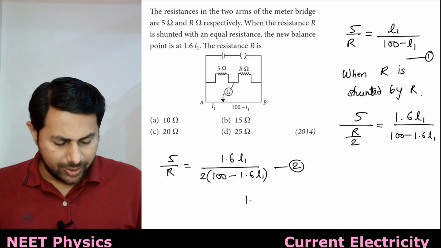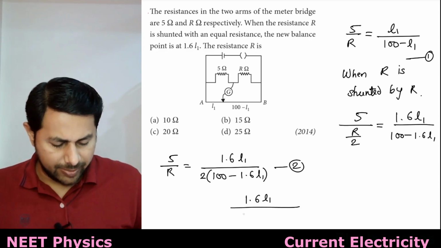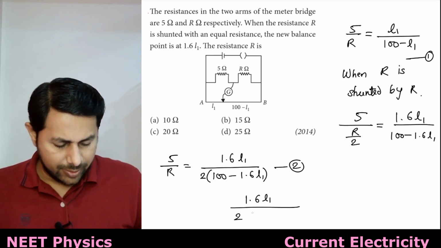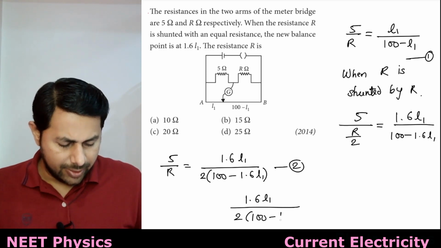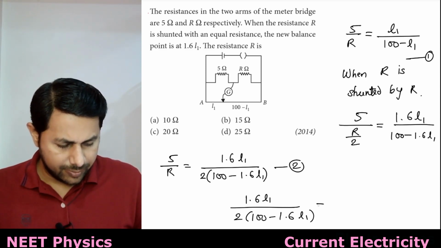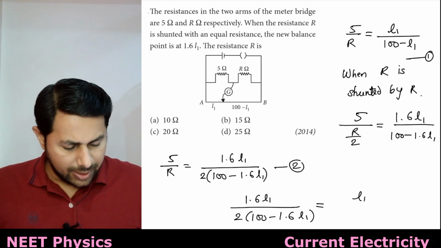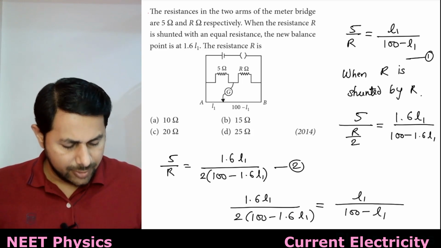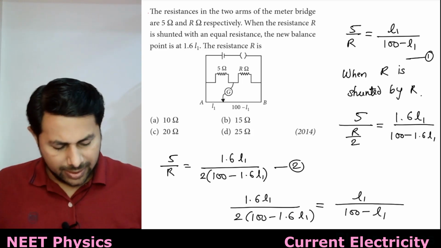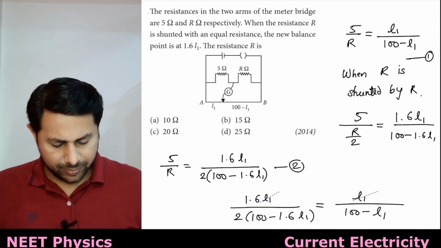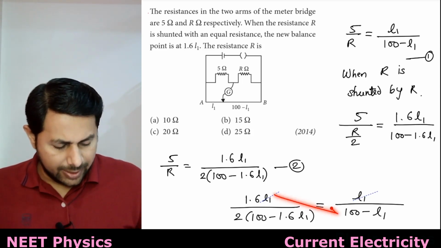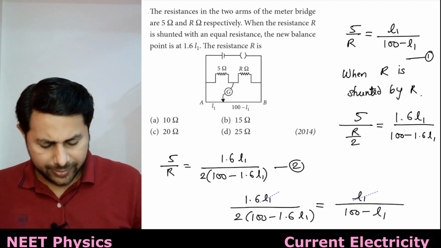So what do you get? 1.6 L1 divided by 2 times 100 minus 1.6 L1 is equal to L1 divided by 100 minus L1. Cancel out L1 and L1, and then take that 1.6 to that side.